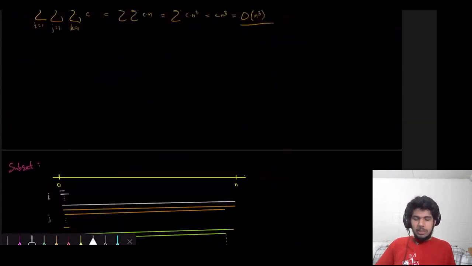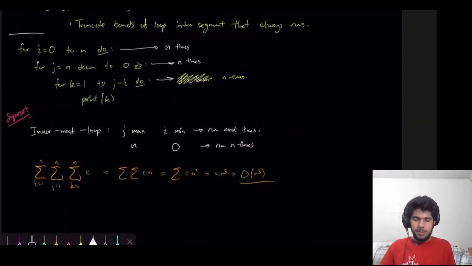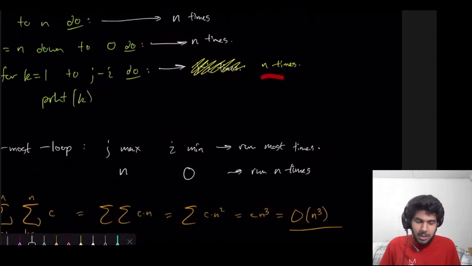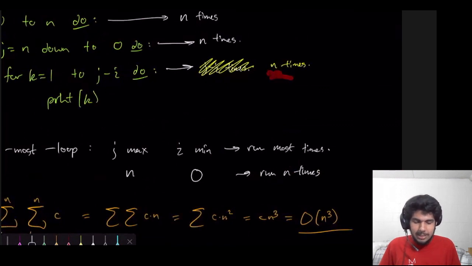So this subset superset method can be kind of confusing at times. I think superset can be slightly easier because we are a little bit more liberal with what we do. We extend our bounds as much as possible, so that way they're nicer. Here it's in terms of a constant n times instead of j and i, which are changing.